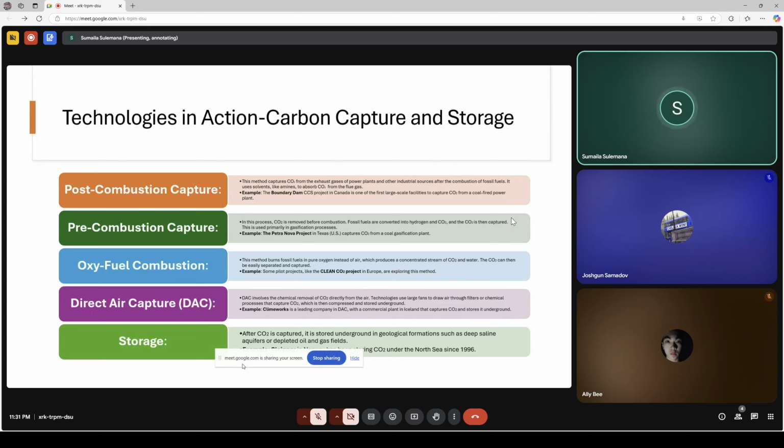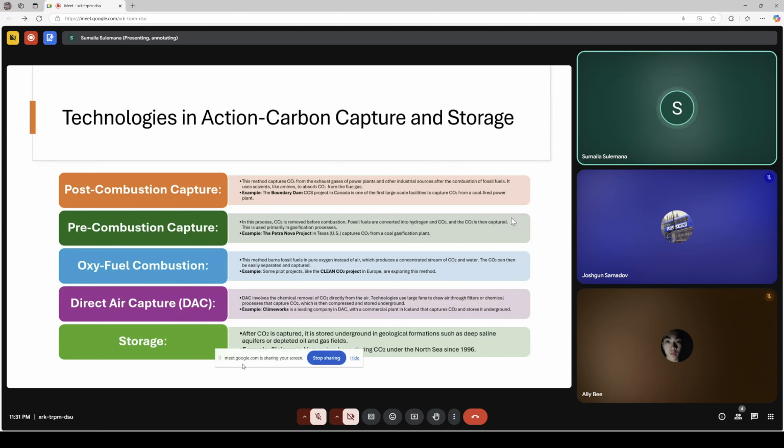They have done a marvelous job, and it's still an ongoing project. And I think, if I'm not mistaken, they are trying to upscale the project they are currently working on in Iceland.